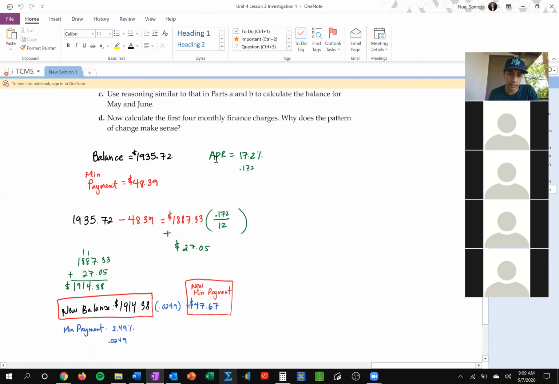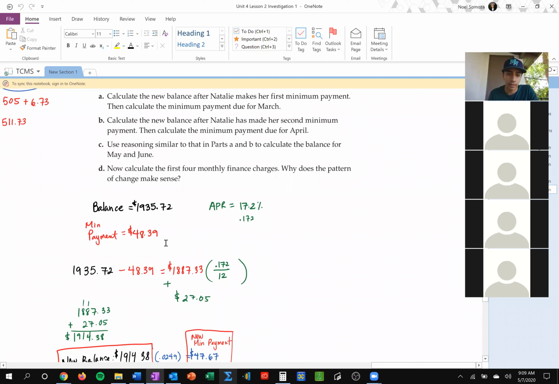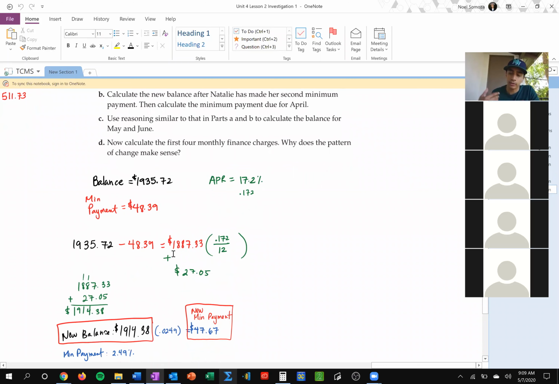Okay, so just to walk us through here, we had a new balance of 1935 right here in black, and then the person made a minimum payment of 48.39. You can see the subtraction here takes place, and then we have 1887.33. Now interest is added to that new balance every month.